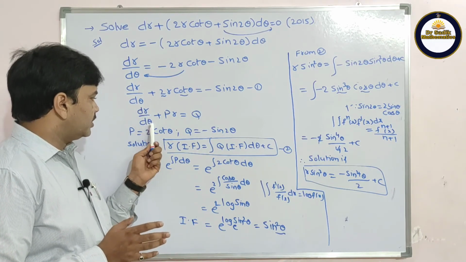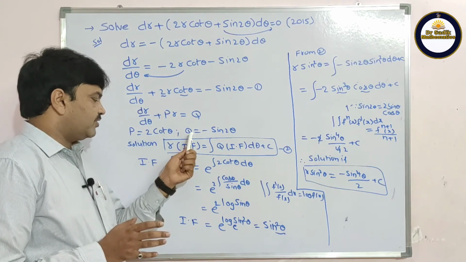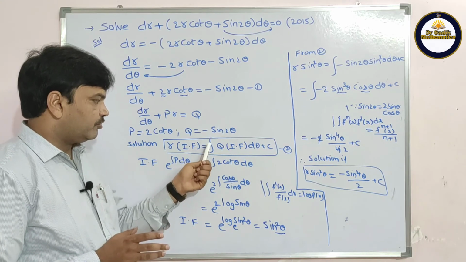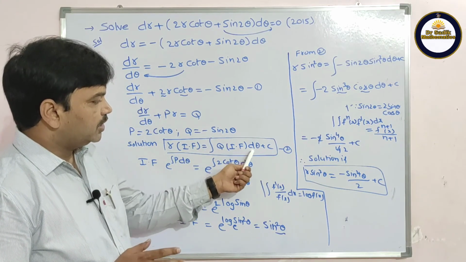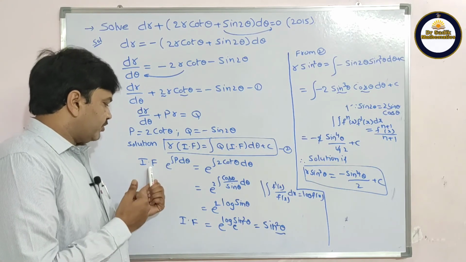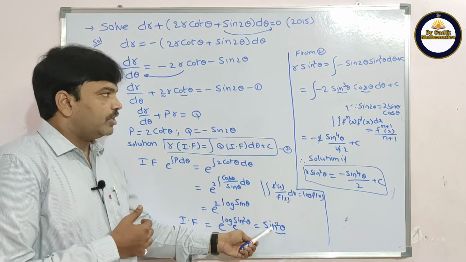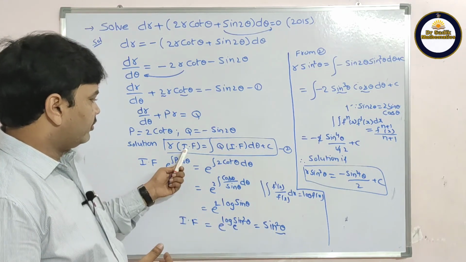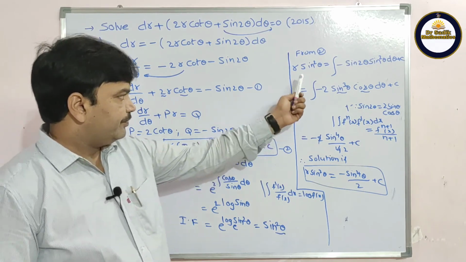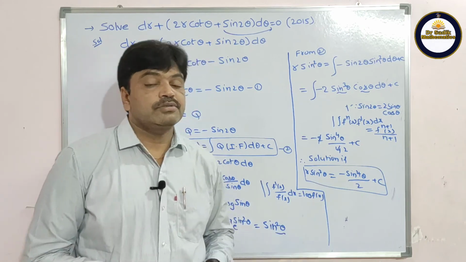Now this is like dr by d theta plus P r equal to Q. By comparing we get P, Q values, friends, and the solution is r into integrating factor equal to integral of Q into integrating factor d theta plus c. Then for the integrating factor, I substitute the P value, integrate, and get the integrating factor. I substitute it here and integrate using certain formulas, then I got the required solution.